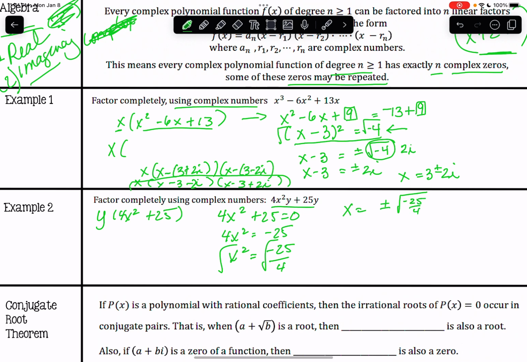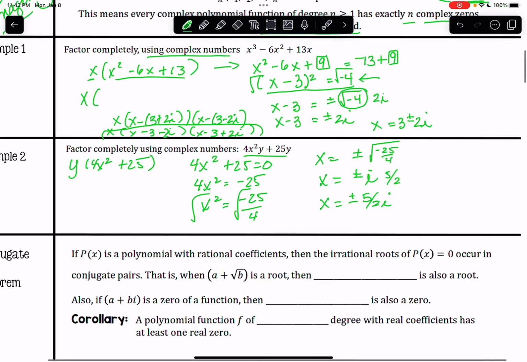-25 fourths. And so if I take the square root of that, first let's take the negative out. So I have x equals plus or minus i. And then the square root of 25 over 4 would be 5/2. And you rewrite that, x equals plus or minus 5/2 i.